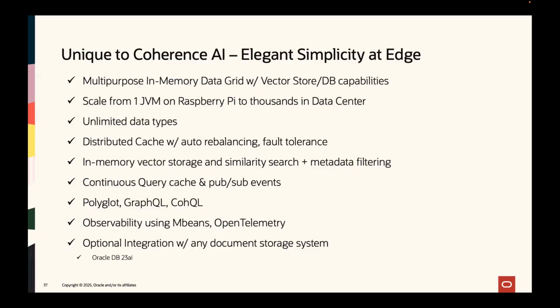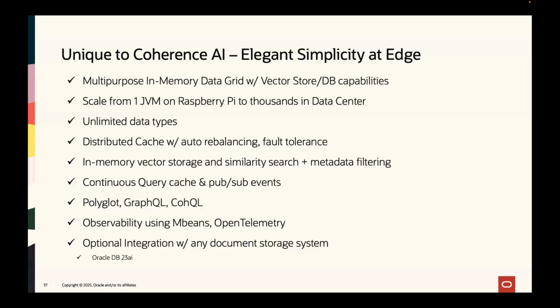events, it is polyglot, so you can use it in a variety of languages for your client. It offers GraphQL and CohQL as query languages. Observability is one of the strong points of Coherence. We can expose the observability metrics in MBeans and OpenTelemetry. And optionally, of course, you can integrate with any document store in the backend.